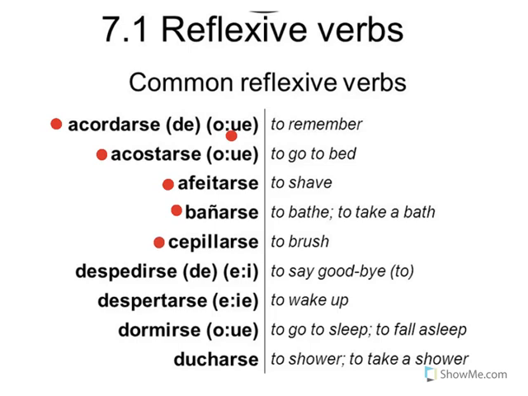To brush could be hair or the teeth. Despedirse, again it has a change in the root. Pay attention to the stem changers. Despertarse, same business, to wake up. Dormirse, note it's to go to sleep or to fall asleep, and it will have the stem changer. And ducharse, to shower, to take a shower.